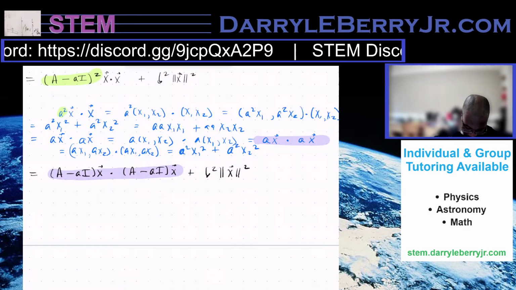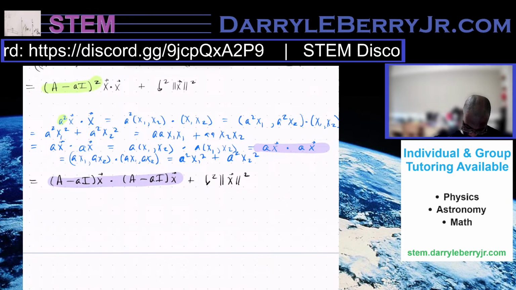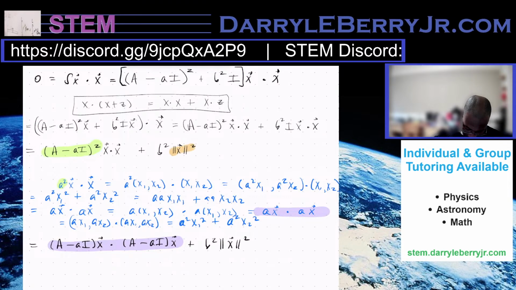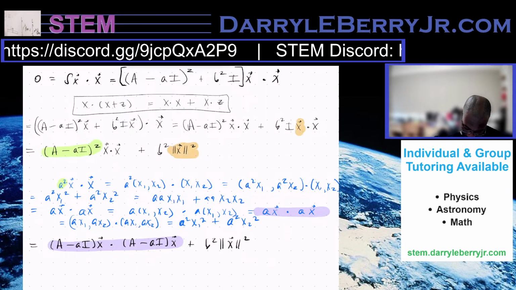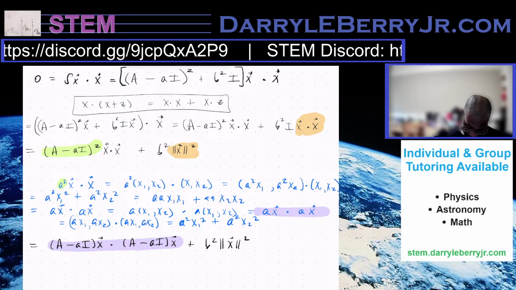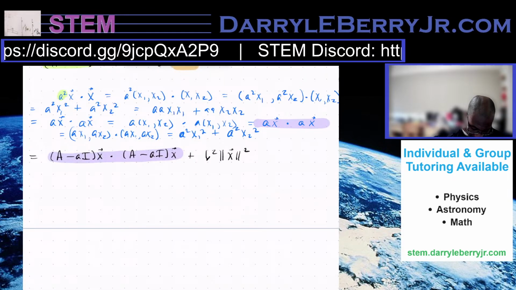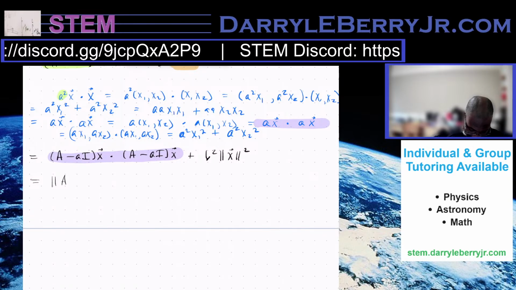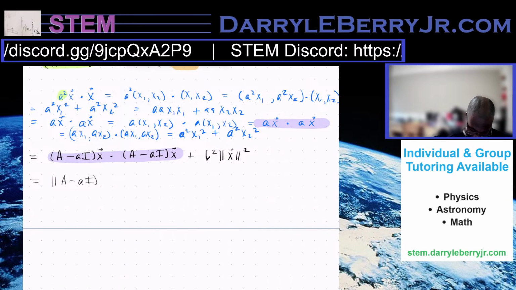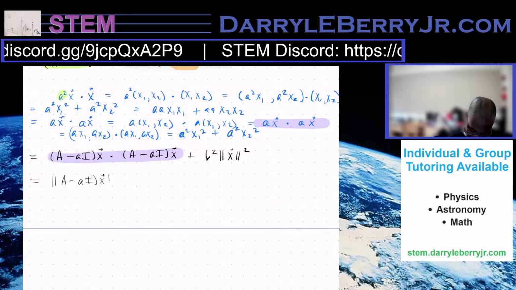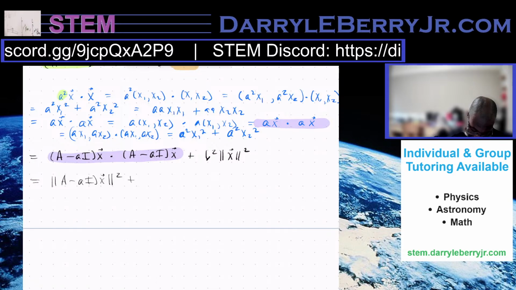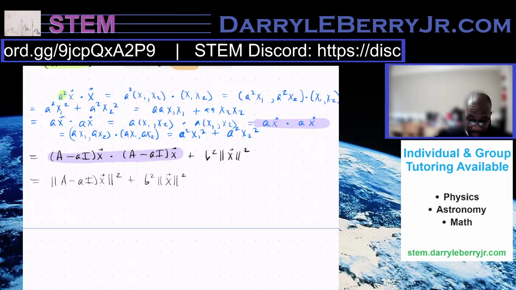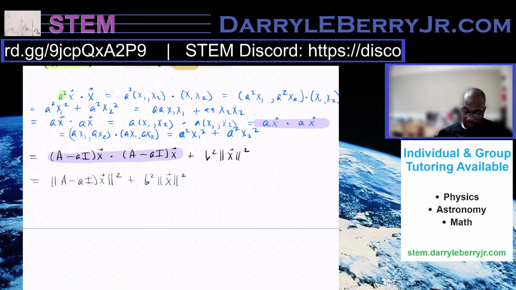So now we know from this that when we have the same thing dot product with itself, it is the magnitude of that thing squared. So it's the magnitude of (A minus AI)x squared plus B squared times the magnitude of x squared. All right.